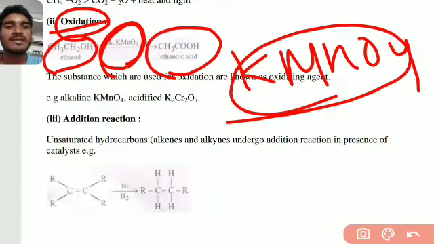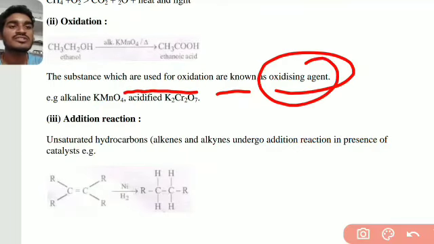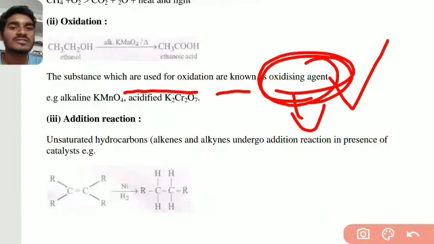Here hydrogen is removed and oxygen is added, that's why we call it an oxidation step, right? The substances used for oxidation are known as oxidizing agents. Similarly, the substances used for reduction are known as reducing agents. Examples of oxidizing agents: KMnO4 and potassium dichromate.